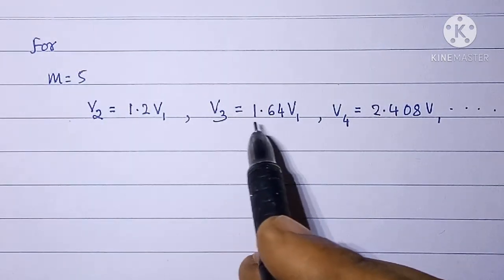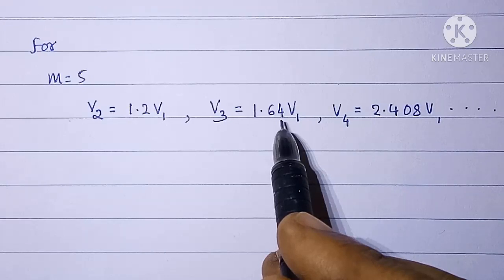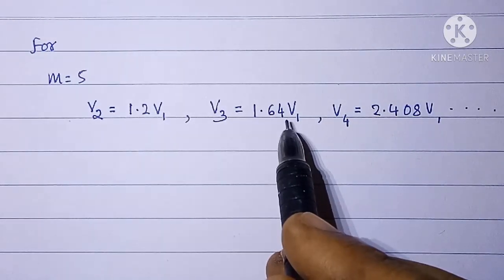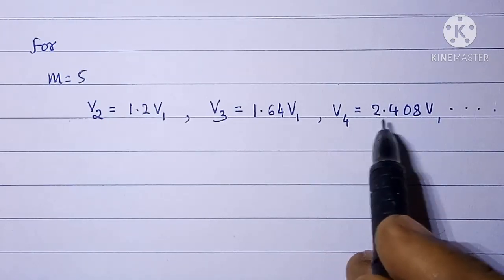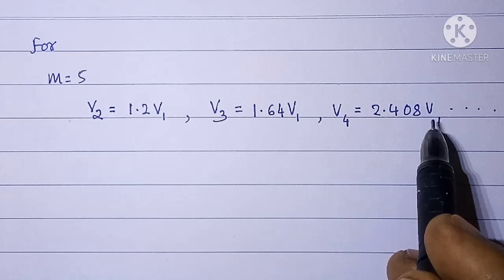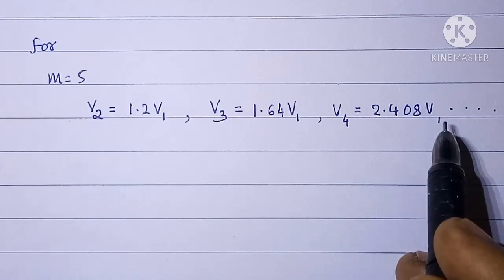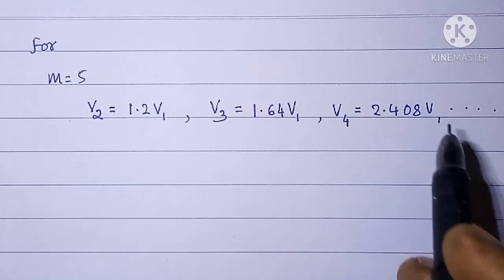V3 is equal to 1.64 times the voltage across the first insulator from the top. V4 is 2.408 times the voltage across the first unit from the top.